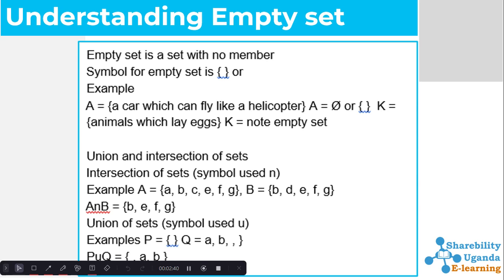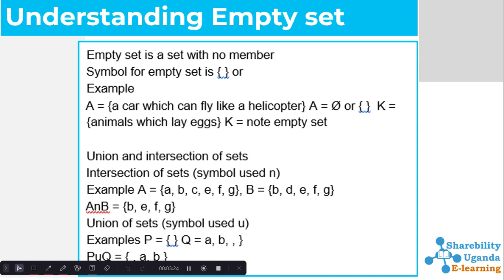Then we have various examples, and in these examples we shall demonstrate and calculate so that we can understand. Now look here, in this example that is being given, part A, we have a set A. We also have another set called Q. You can see in our set A, we have statements that clearly show that the set is empty.